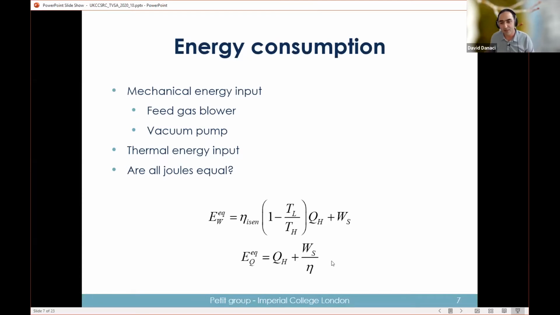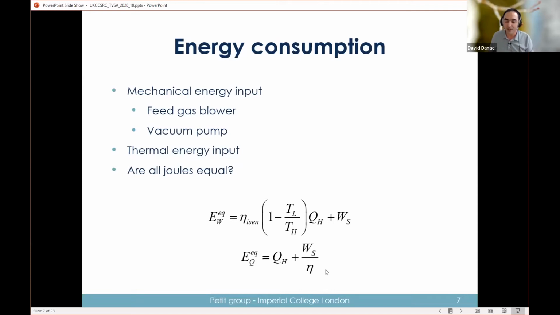So this varies. You can have anywhere from kind of 30 to low 40s of a percent for this efficiency here, depending on your power plant technology. But I've assumed 1/3. So the mechanical work is penalized by a factor of 3 relative to thermal energy.